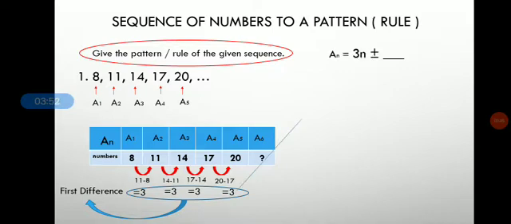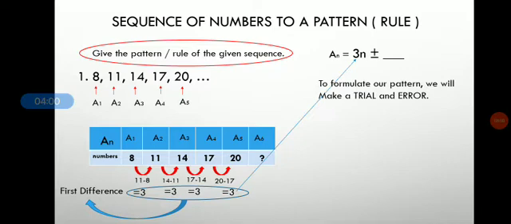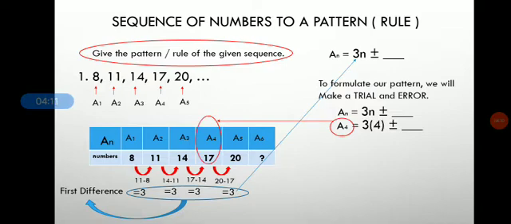Saka natin gagawa ng pattern. Yung first difference na yan, yun ang gagamitin natin, 3. And ang tanong, ia-add ba natin o ima-minus natin? So we have to make a trial and error. Let's say gamitin natin si a sub 4. Remember, a sub 4 is 17. So, the value of a sub 4 should be 17. At yung n natin ay magiging 4.